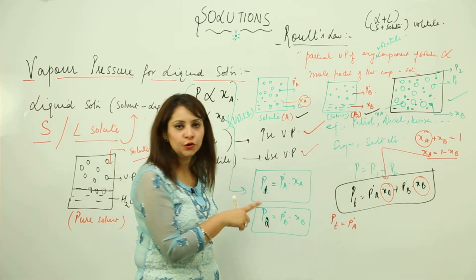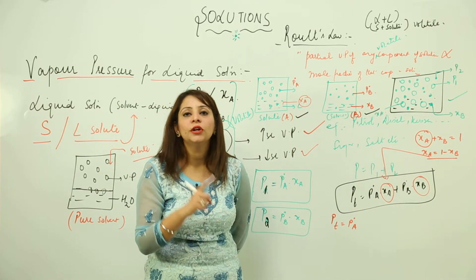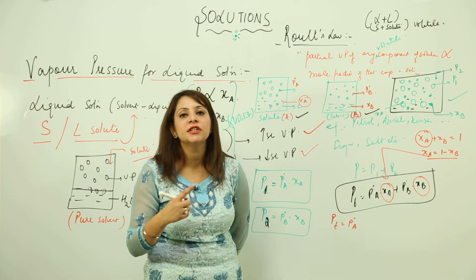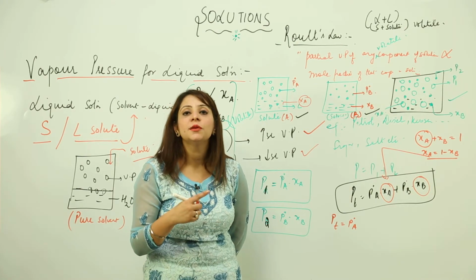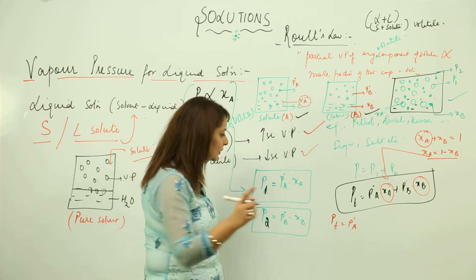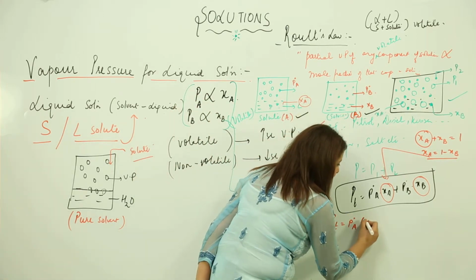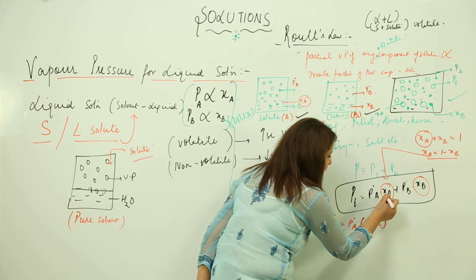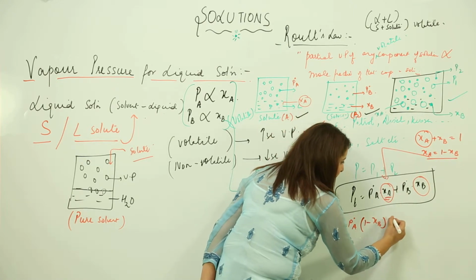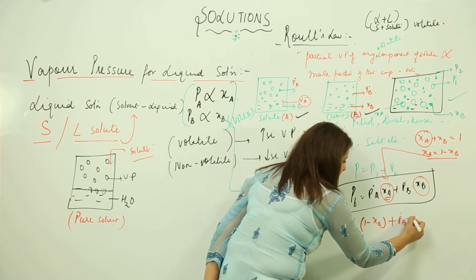I am going to express the total pressure, or you can say I am just going to relate the total pressure in terms of the molar concentration of one component, right. So what do I get? I get P naught A into (1 minus XB), because instead of XA I am writing this value, plus P naught B into XB.